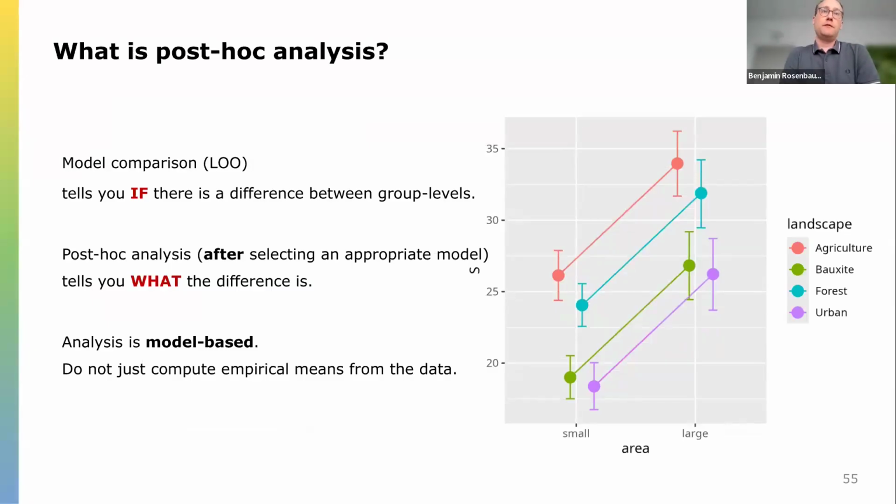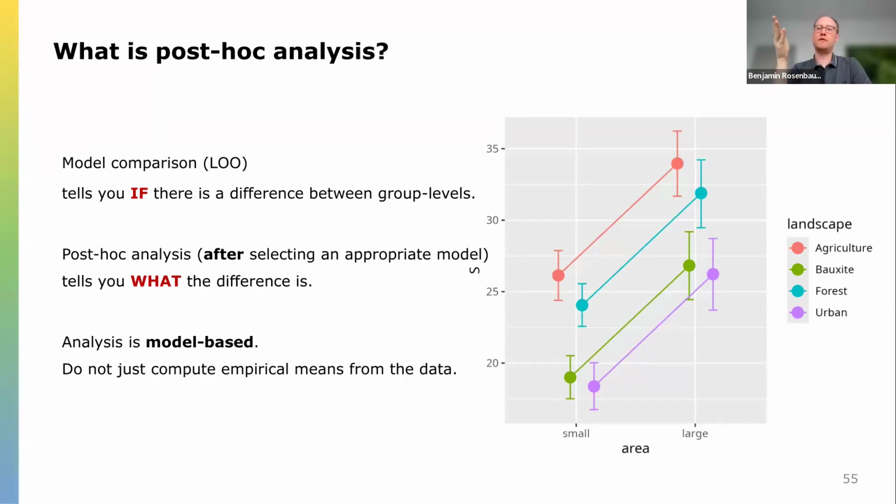So we have seen with, for instance, the model comparison, we can see if there is a difference between some group levels, but the model comparison itself does not tell me where the differences are or which differences are there. It's the same in ANOVA in LM, right?